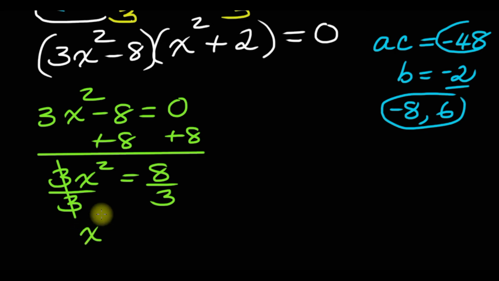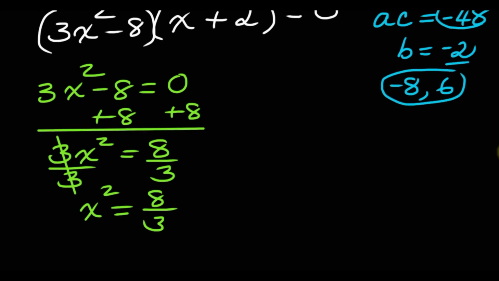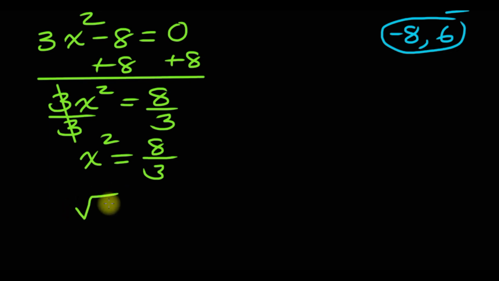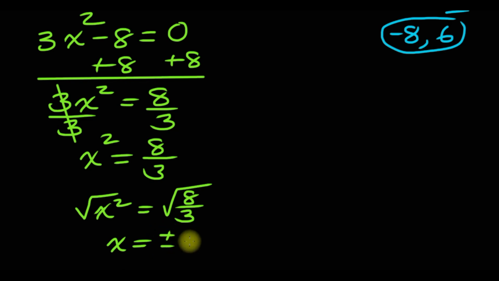So we have x squared is 8 over 3. Okay, and then take the square root of it. So here we have square root of x squared, square root of 8 over 3. So x is going to be plus or minus square root of 8 over 3.